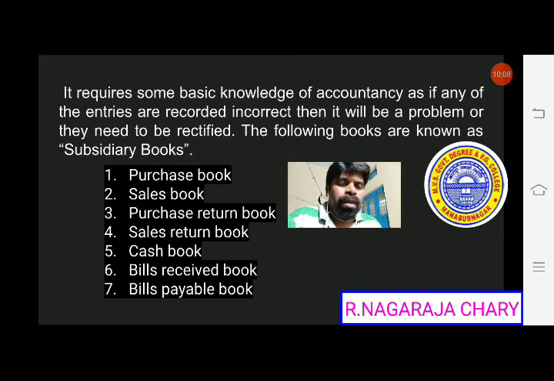Those who have accounting knowledge can maintain them properly, systematically and efficiently. Those who do not have accounting knowledge may make mistakes while recording the transactions, which is another problem when we do the final accounts.